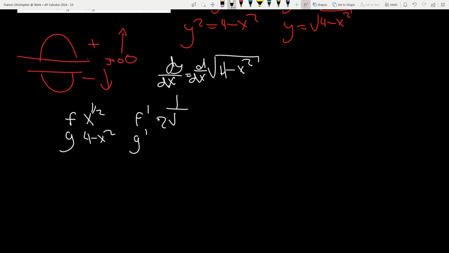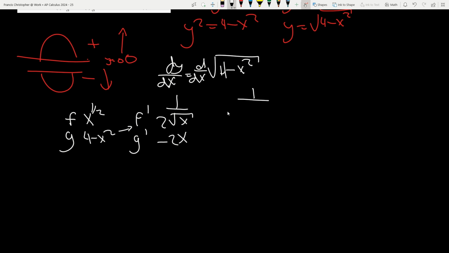By power rule, the derivative of this is 1 over 2 root x. And then also by power rule, the derivative of this is negative 2x. So chain rule implies that we put this into here and then multiply by this.